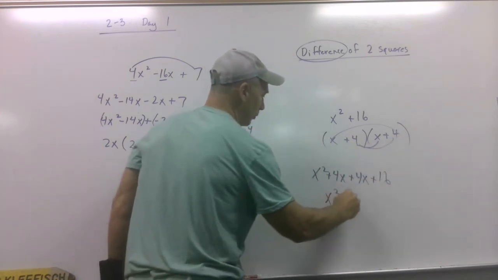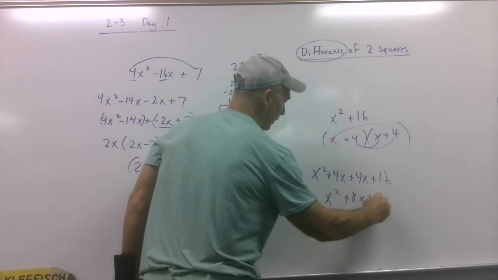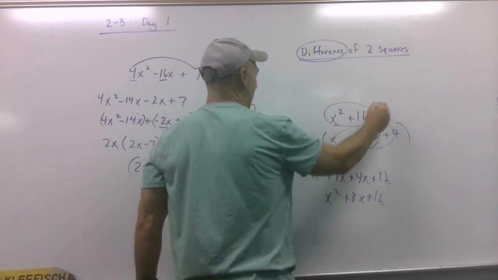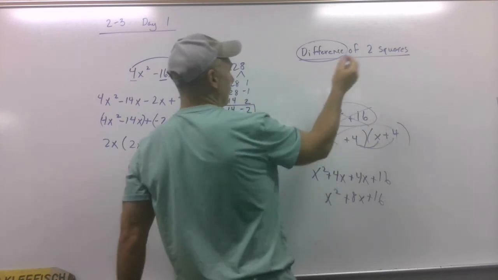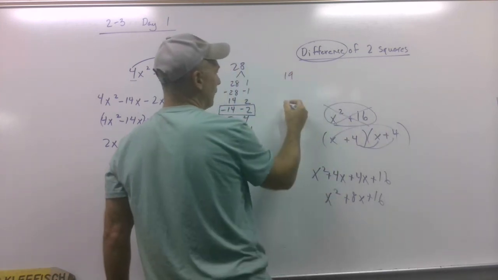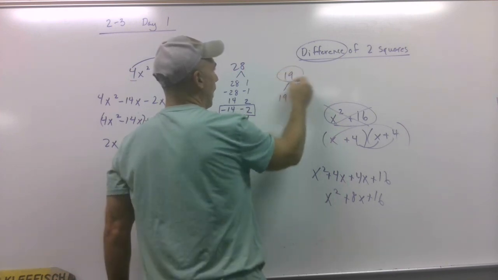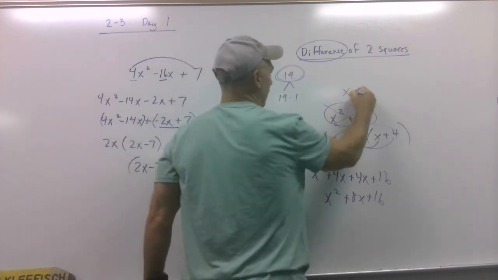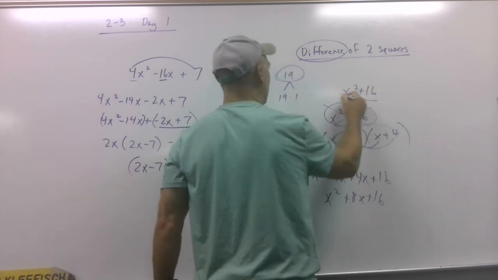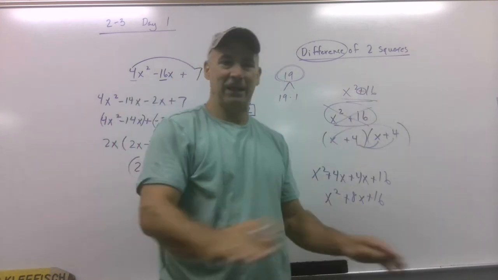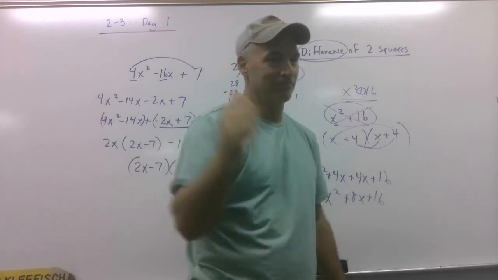That would give me x squared plus 8x plus 16. Guess what? This is not factorable. That's like the number 19. You know, if you try factoring that, you get 19 and 1. That's considered prime. And that's the same thing for x squared plus 16 or any sum of two squares. Can't factor it. I think we got it.